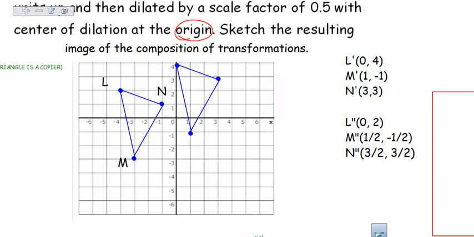Now if we plot those points, I went back and put the markings on my triangles. Remember, you can pause the video at any time if you need.